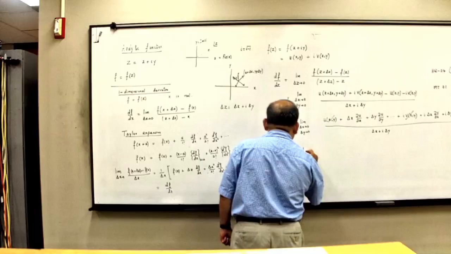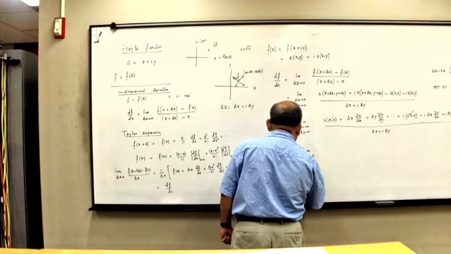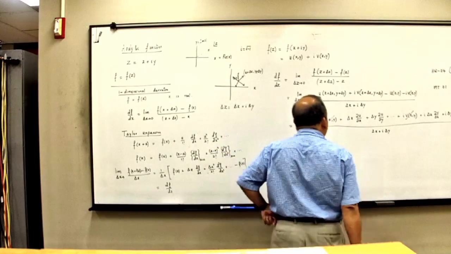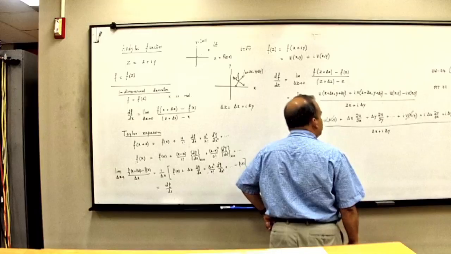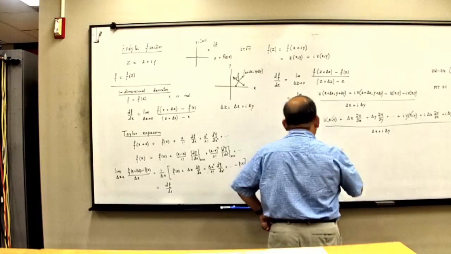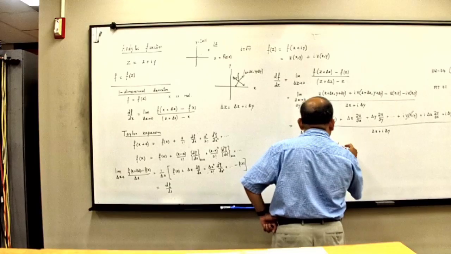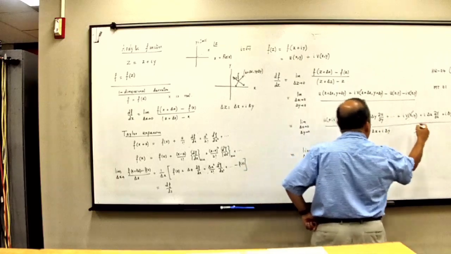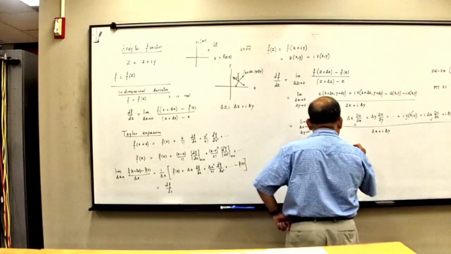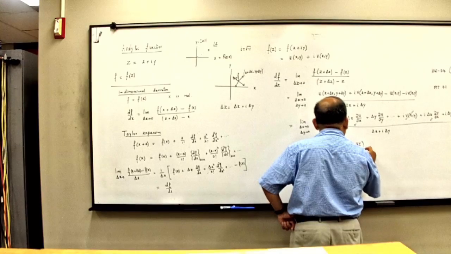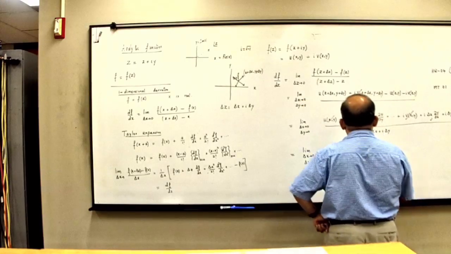is equal to limit delta x going to 0 and delta y going to 0. And how should I collect this? Yeah, let's collect delta x together. There are two terms with delta x. This term and collect this, so plus i times dv by dx, and that is a delta y.